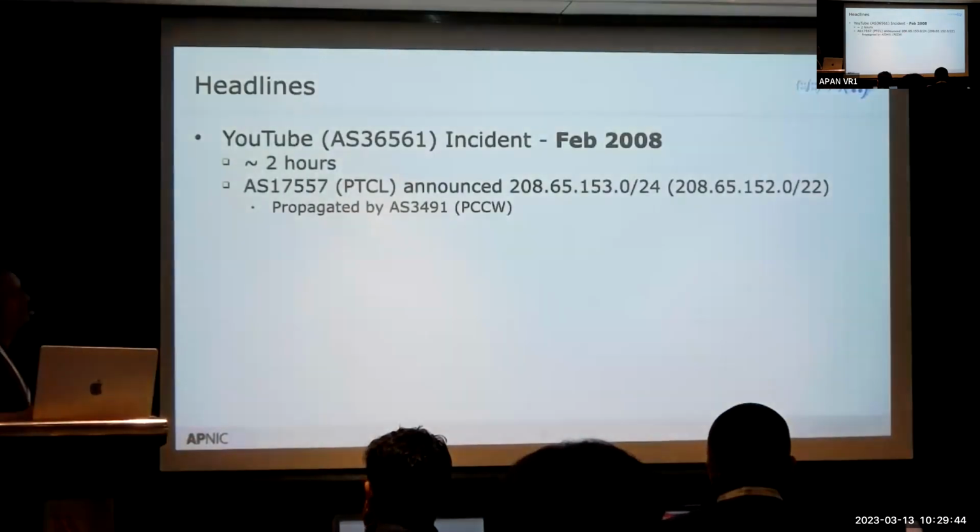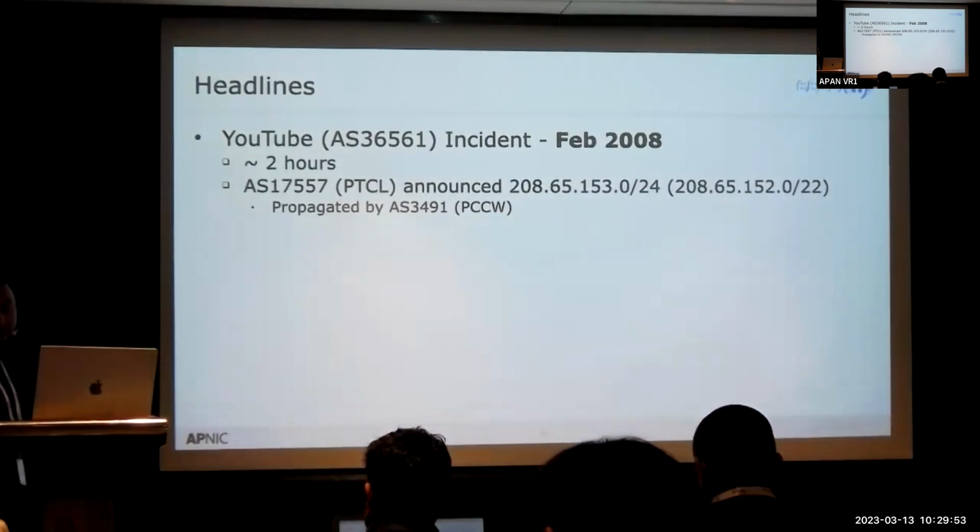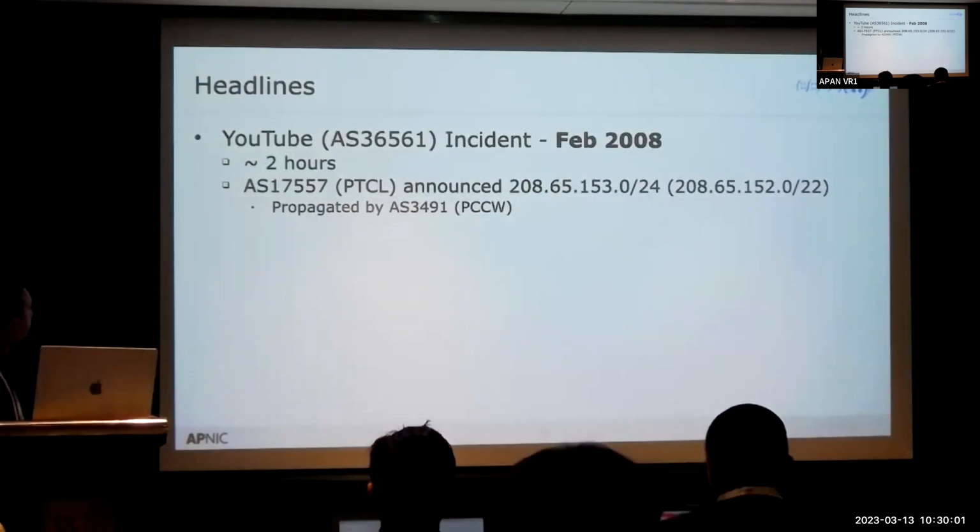And back in 2008, I think everyone remembers this one. Pakistan Telecommunication Limited actually announced a /24 out of YouTube prefixes, and it was further propagated by 3491 PCCW, one of the transit providers in the region. It impacted YouTube for around 2 hours.